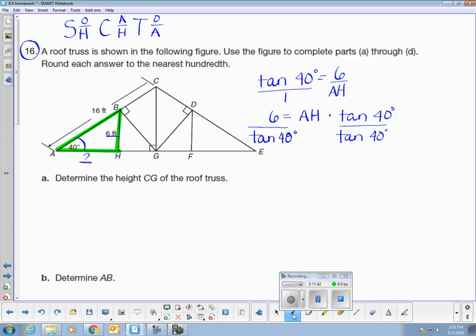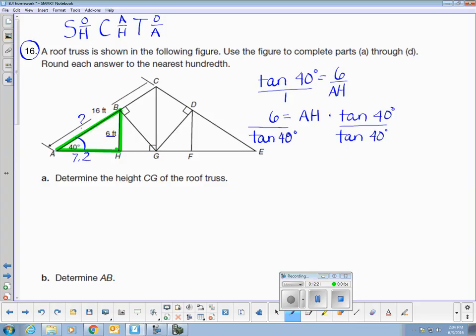Round that off to 7.2. We're going to stick with triangle ABH, and now we're going to find the hypotenuse.